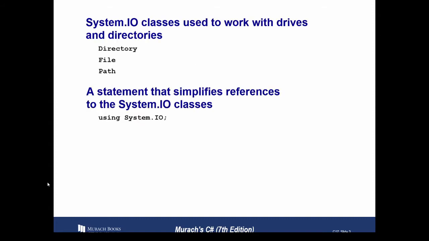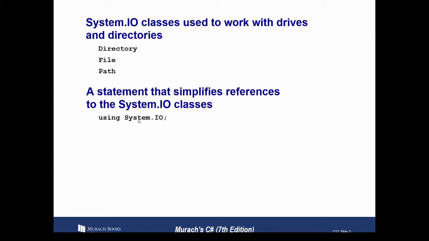When we look at this particular slide, we're seeing the System.IO classes used to work with drives or directories. We will be seeing File and Path. Not so much sure we'll see Directory, but it's possible.